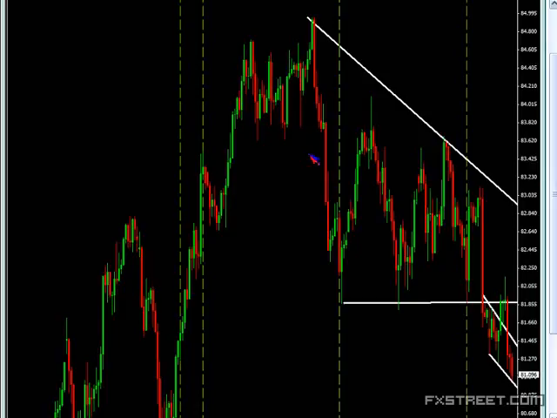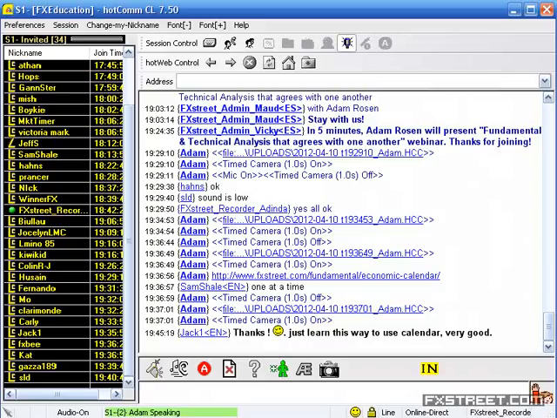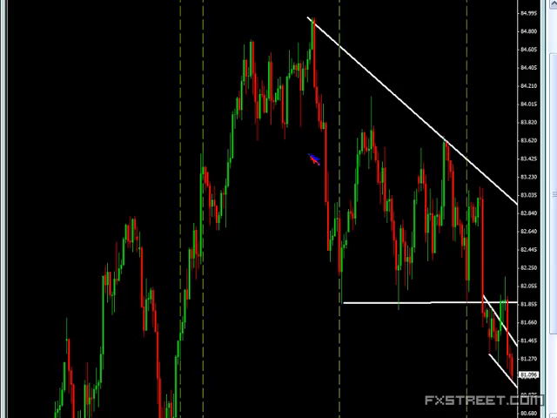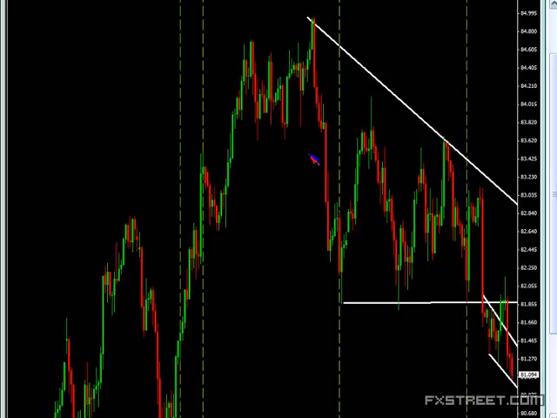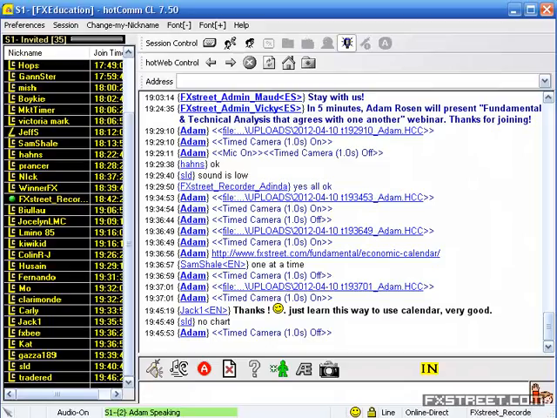Now, the consensus numbers are a little bit deceiving because there'll be differences depending on which calendar you use. So I like to take the consensus numbers with a little bit of a grain of salt. You take a look at the FX3 calendar and they give you the consensus number, where it's basically a poll of a number of different analysts. But you take a look at Bloomberg.com's calendar, and they might be asking different analysts. Whoops, I'm sorry.